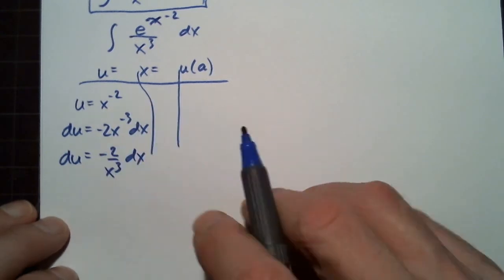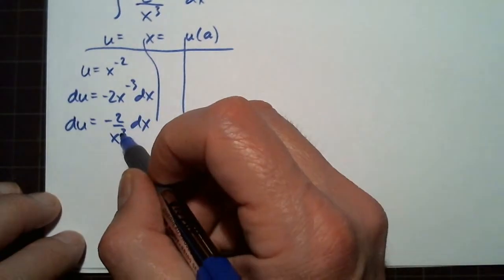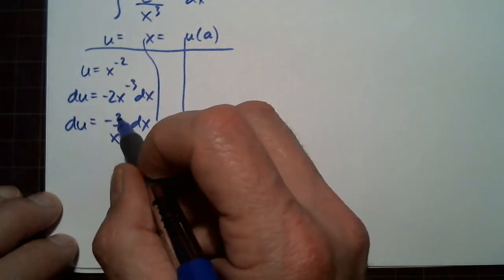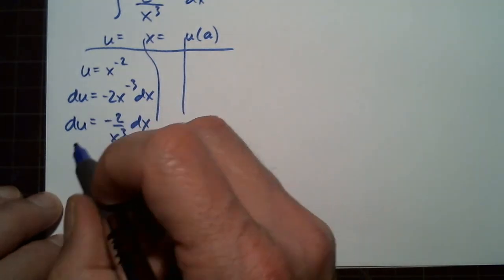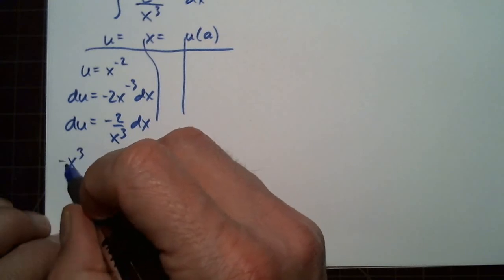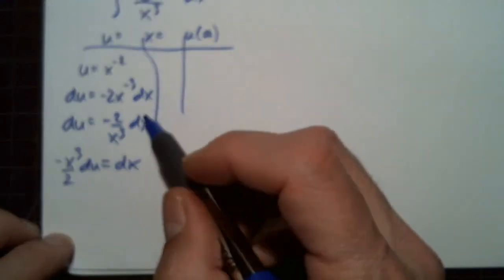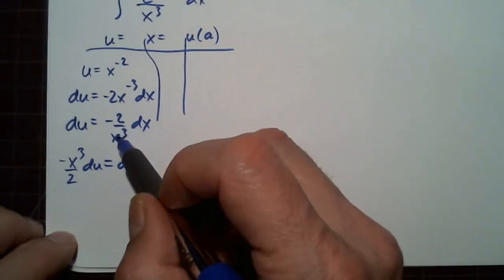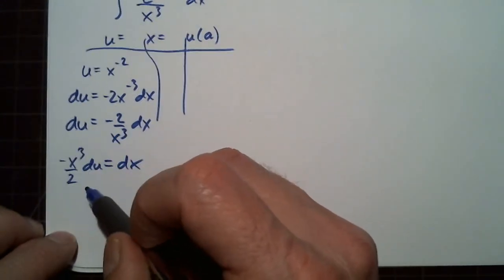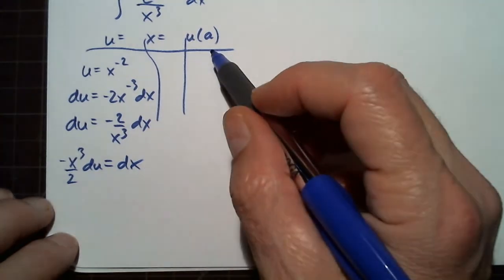So we have a negative exponent, and that means when we multiply by the reciprocal, we have x cubed over 2 du is dx. Let's divide by -2, multiply by x cubed, and now we'll be able to substitute for dx.